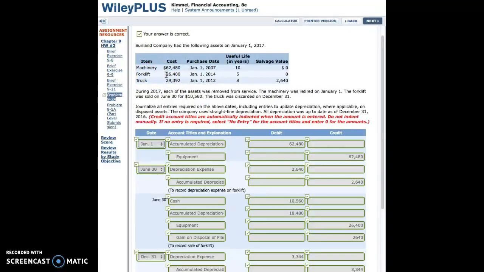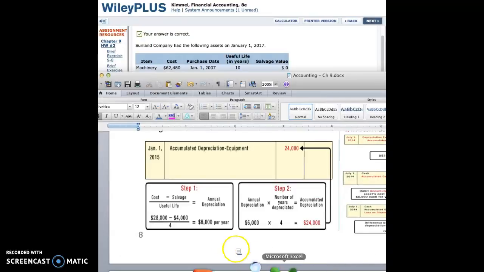So what we do for the depreciation expense for the forklift, we first start out and see if I can find it. I believe it's right here.